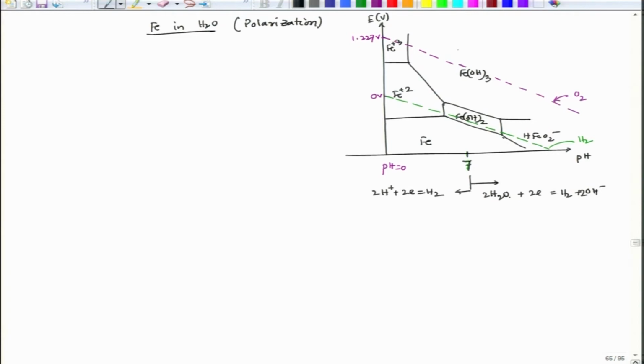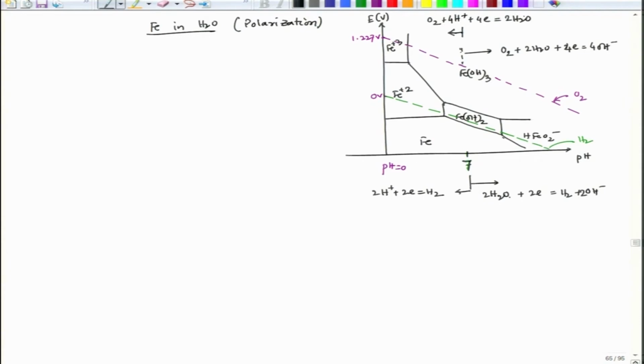And here also, if we consider 7, the right side will have this particular reaction, and the left side of this pH will have again oxygen reduction, but it is in acidic medium.